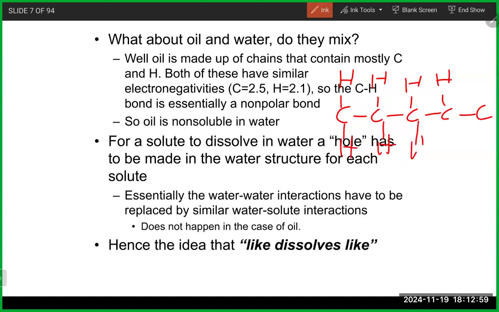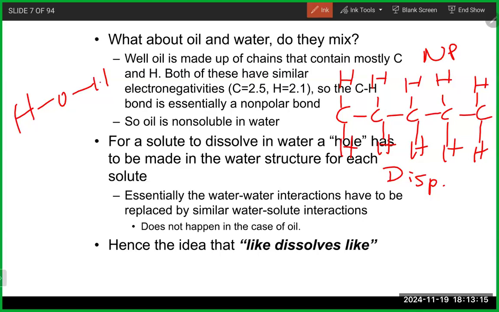And that is pretty much a nonpolar molecule all day. Once again, oil is going to want to interact with dispersion forces, and our water, which is polar, is going to want to interact with hydrogen bonding. For a long period of time, they will not be able to keep that interaction going.